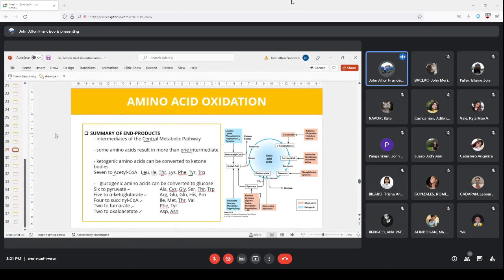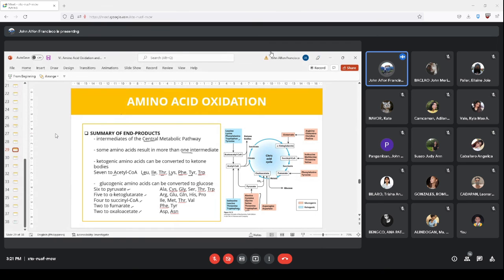Some involve multiple steps or just a straightforward conversion of their structure. Some just release carbon dioxide and convert to ammonia, then release it as urea, uric acid, or ammonia only. So these are the summary of amino acid oxidation.